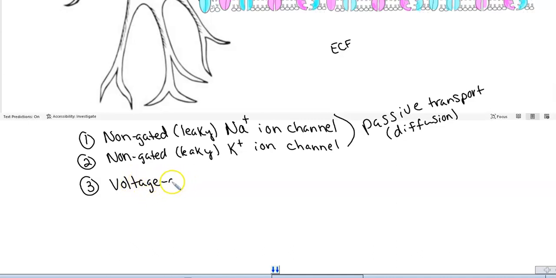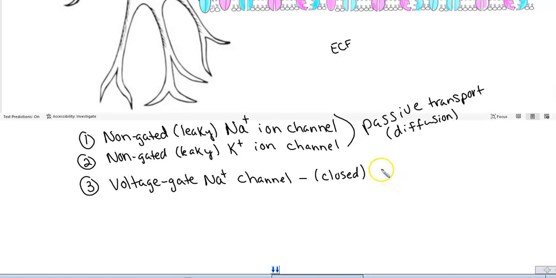So what we mean by that is it's going to take some electricity of some sort to open it. This is a voltage gated sodium channel. It takes some voltage for this thing to open. So right now at rest, the sodium channel is actually closed. It's closed during the rest. I'd like you to know that. So nothing's moving through that channel right now.